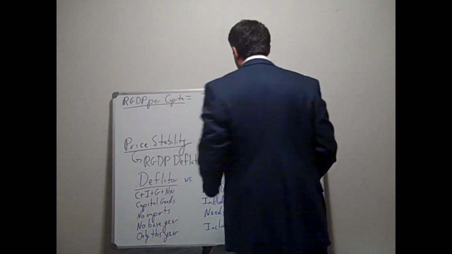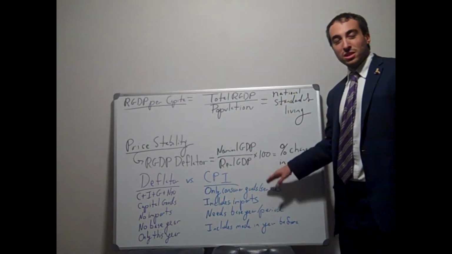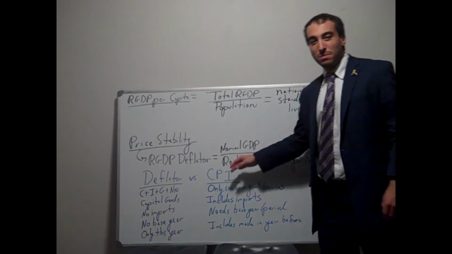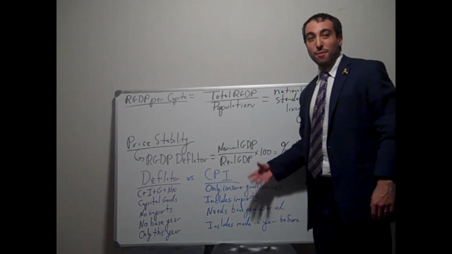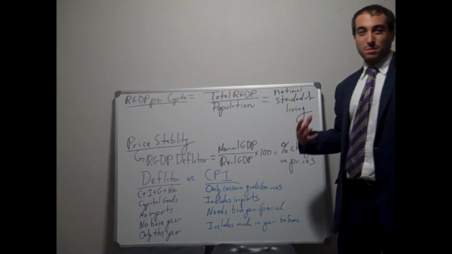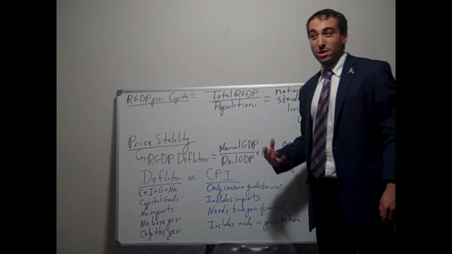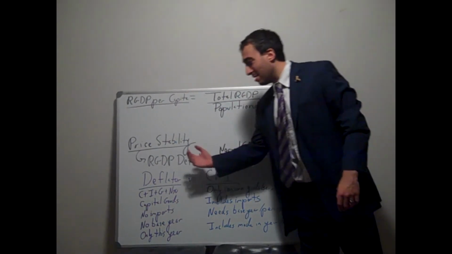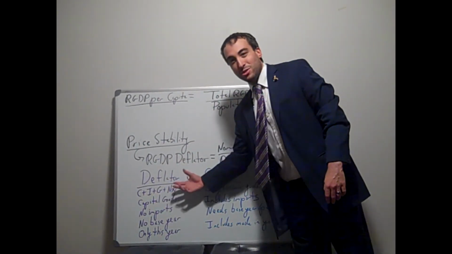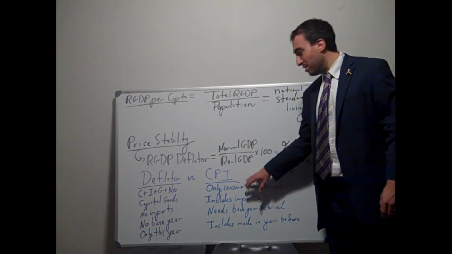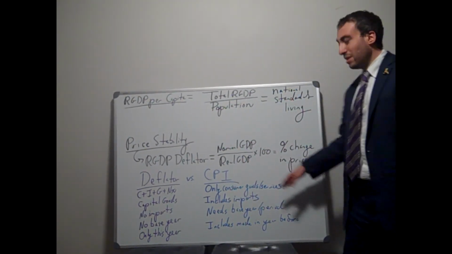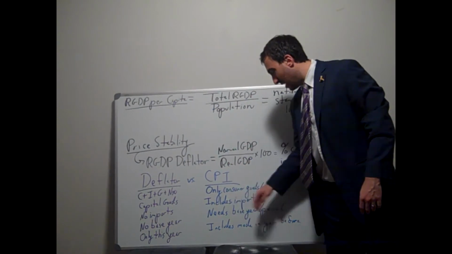Whereas CPI is only consumer goods and services. This is why the CPI, with the inflation rate, is the number that you hear more, because it's based on consumers and more important to consumers. Like a tractor, the urban consumer doesn't care about that. So that's why CPI is the more popular of the two numbers. It is only consumer goods. Consumers buy imports all the time.